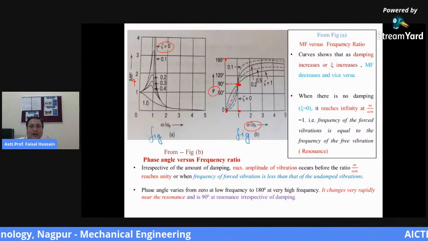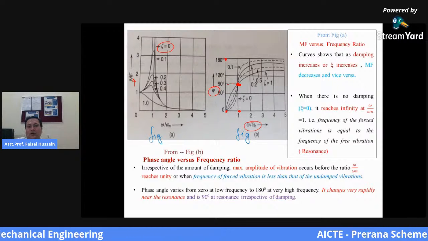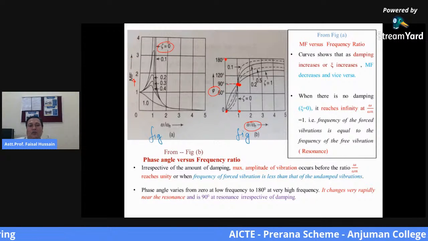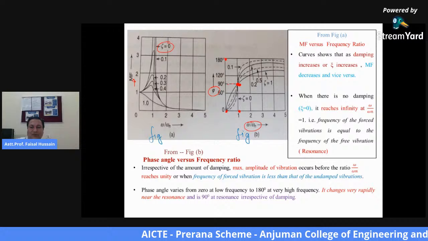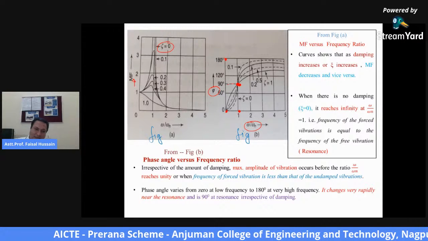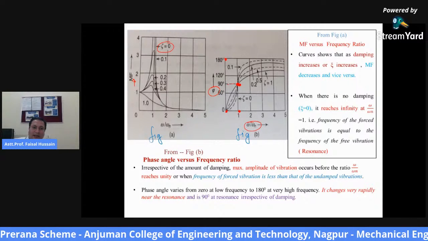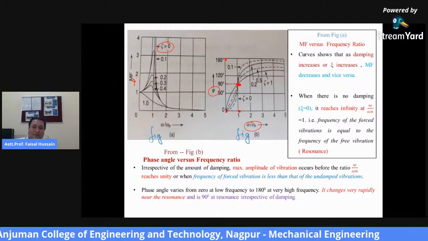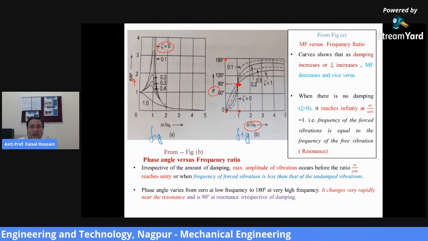This is unity, omega by omega n equal to unity. So when the frequency ratio omega by omega n reaches unity, then the frequency of forced vibration will be less than that of the undamped vibration.